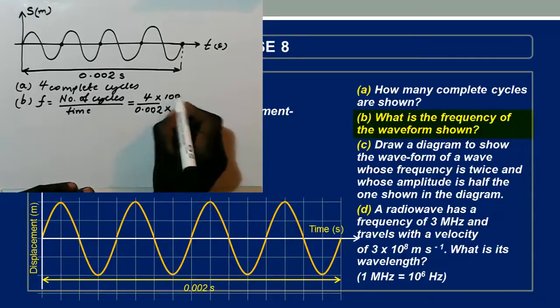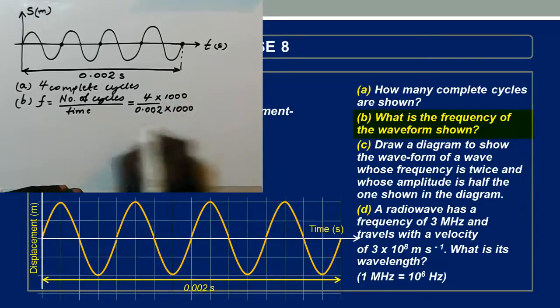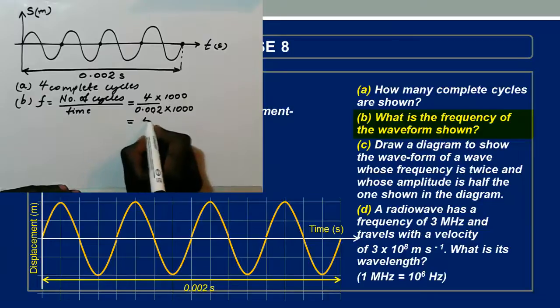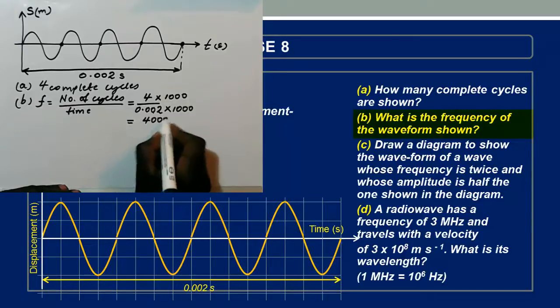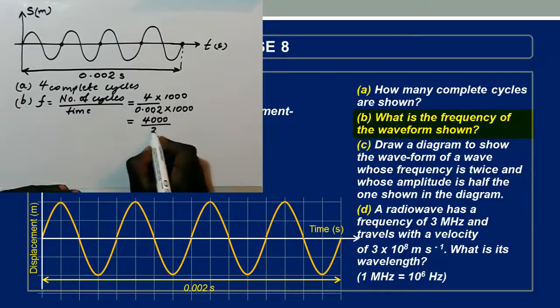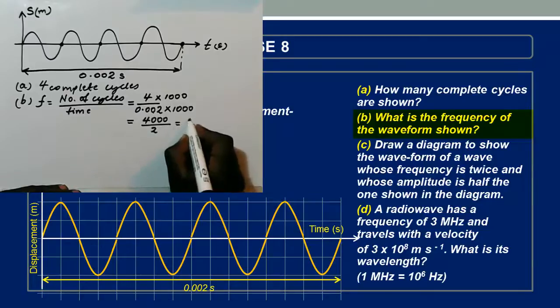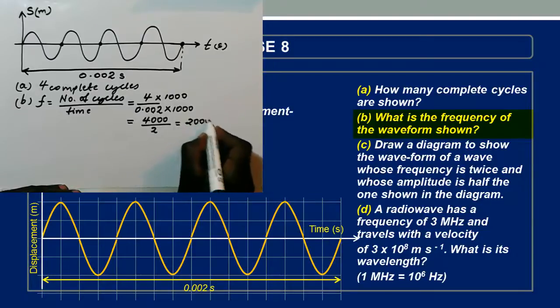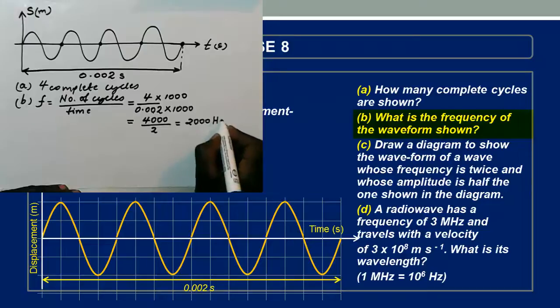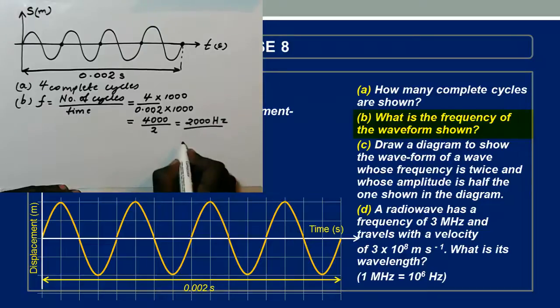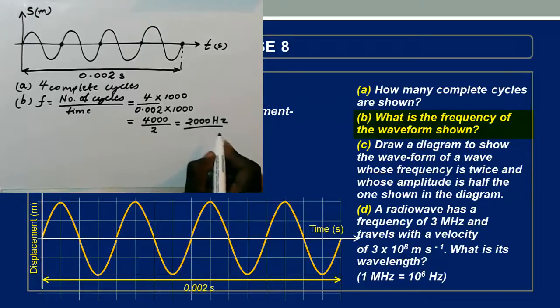So this is going to give us 4,000 divided by 2, and that gives us 2,000 Hz. And that is the frequency of this oscillation.